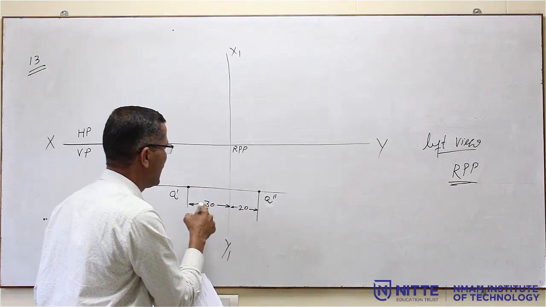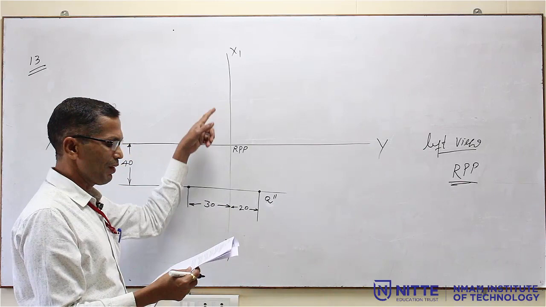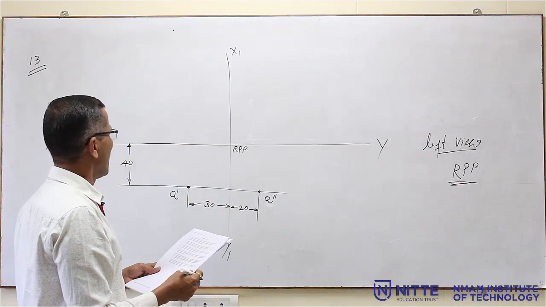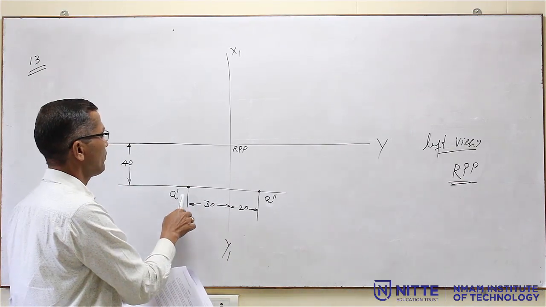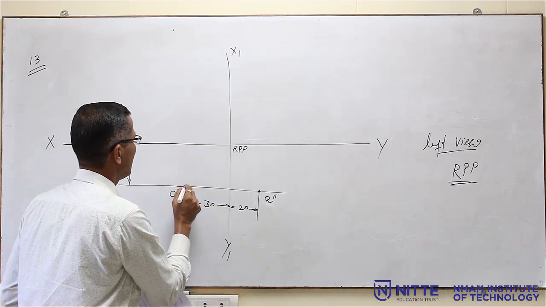So, 30 mm and 20 mm on either side of the x1 y1 line respectively. Now, we have to draw the top view, front view and left view. Already front view is over, profile left view is over.